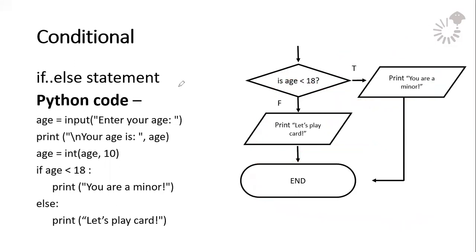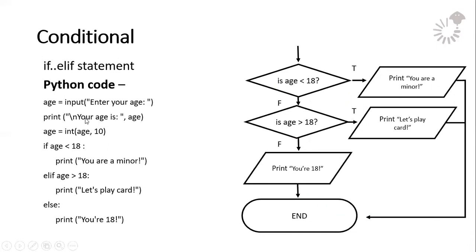And then next is if-else if statement. So in if-else if statement, ang clue natin dito is you have multiple question or decision. For this case, kanina tigi-tigi sila ng diamond.